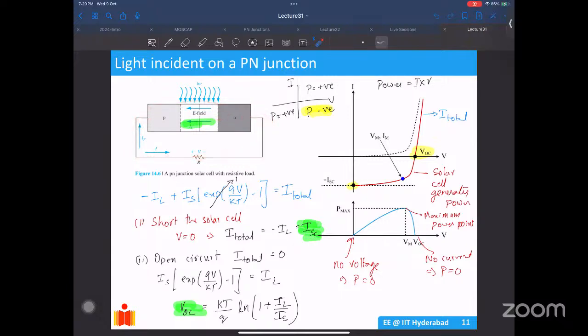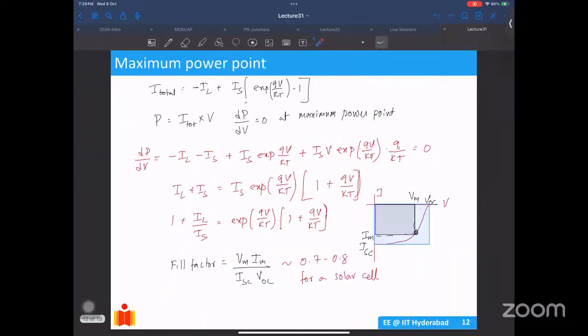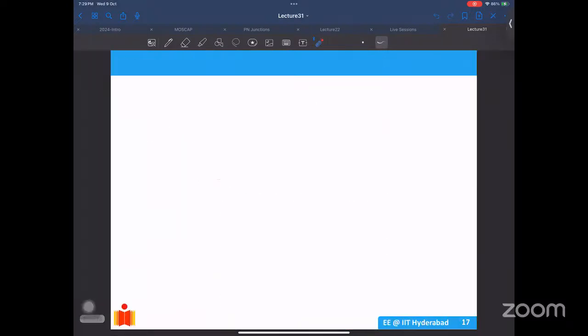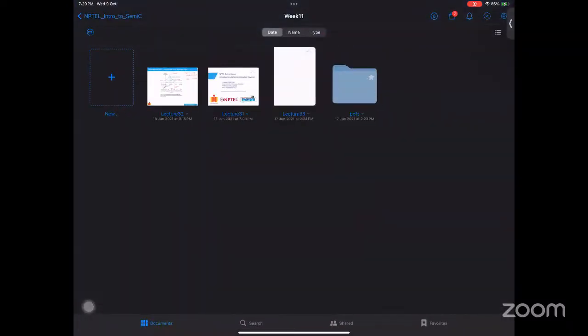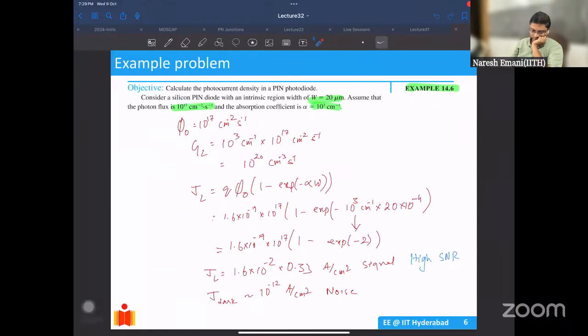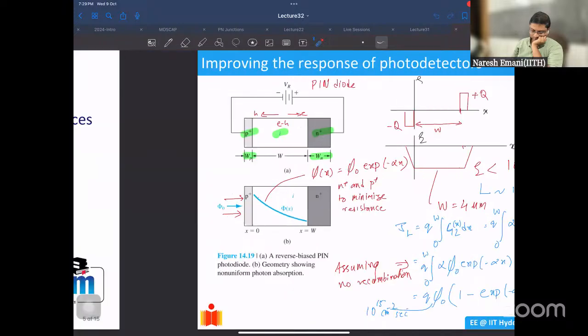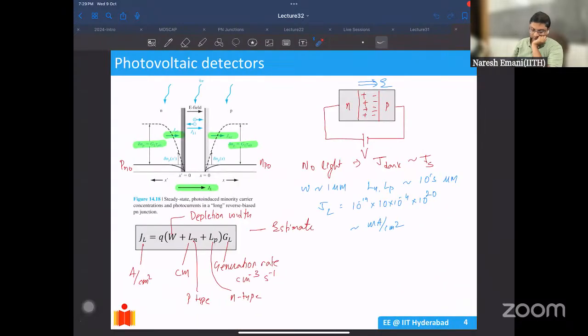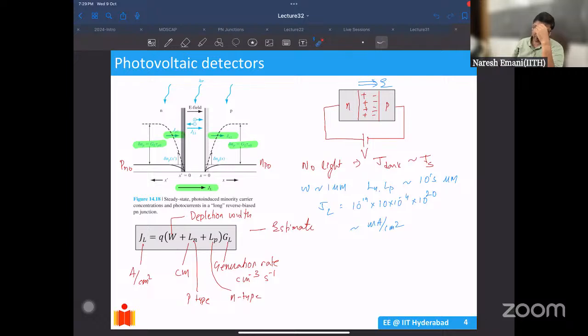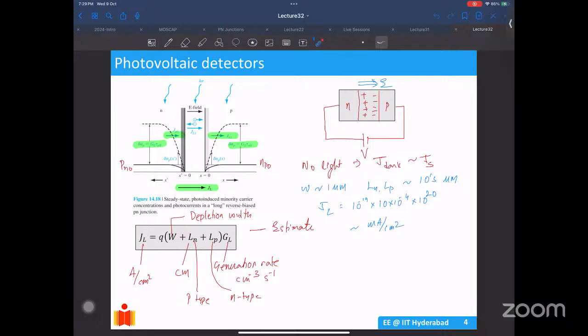But when we move to the carrier concentration graph, there we have mentioned delta n_p, the excess minority carrier concentration on the P side.